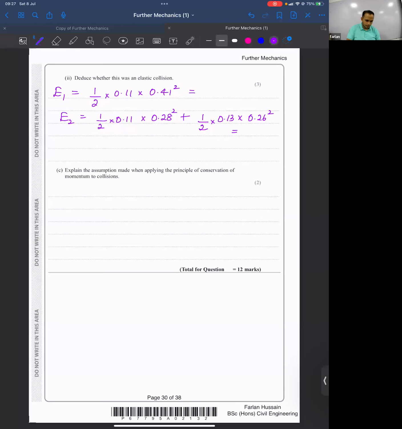Check the two values. E1 is 9.245 or 9.25 into 10 to the power minus 3 joules.